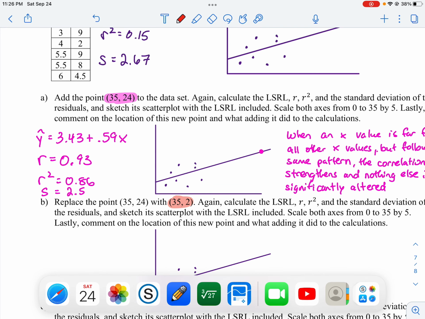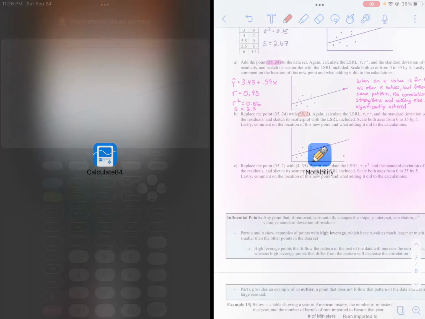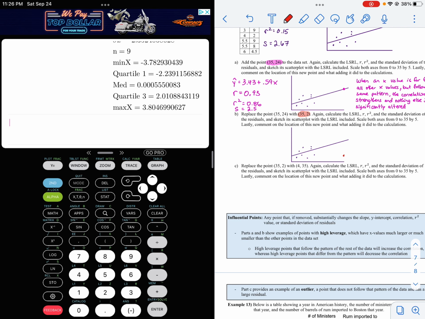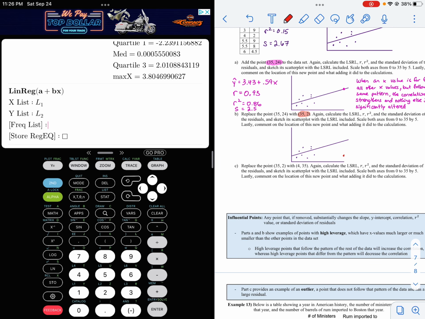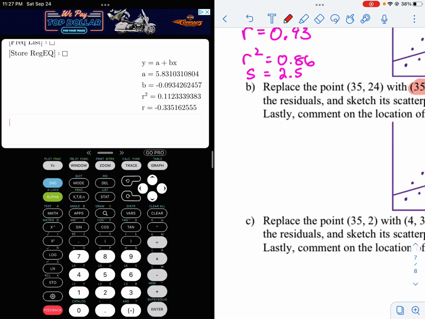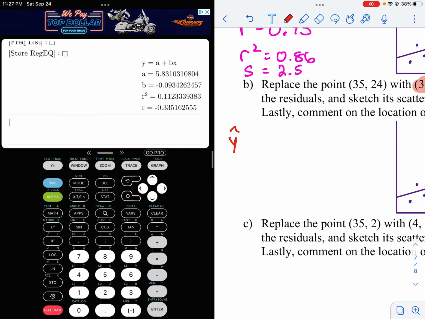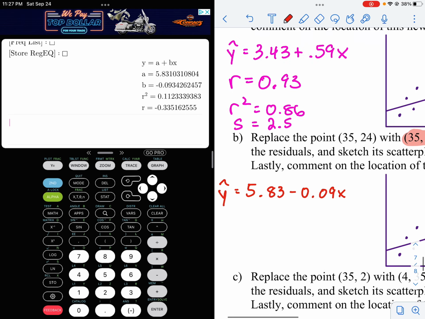If I go to our calculator, and now I calculate our least squares regression line with this new data, we can see that we have 5.83, excuse me, minus 0.09x.